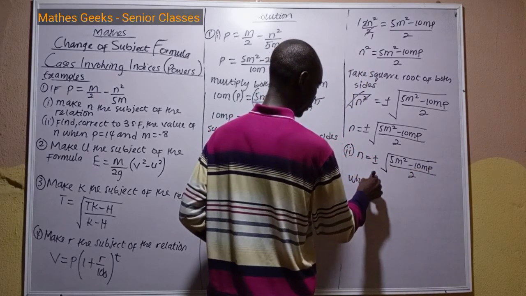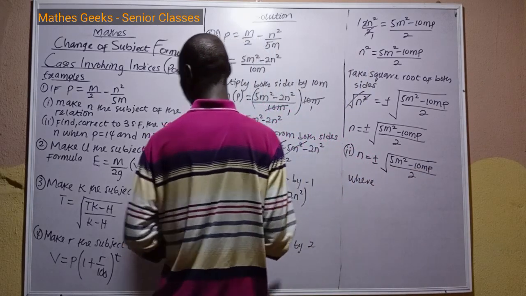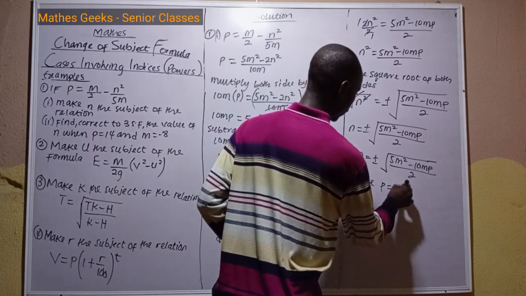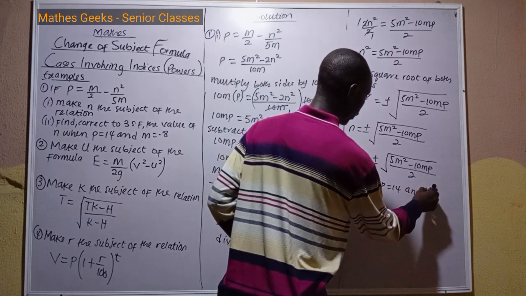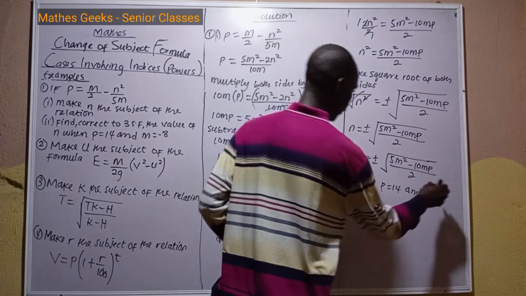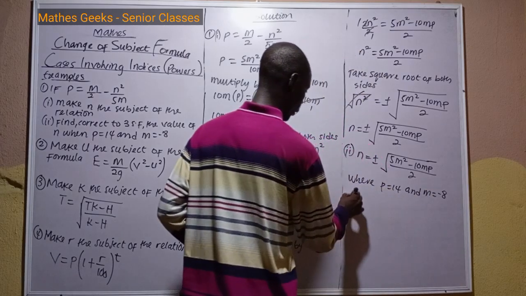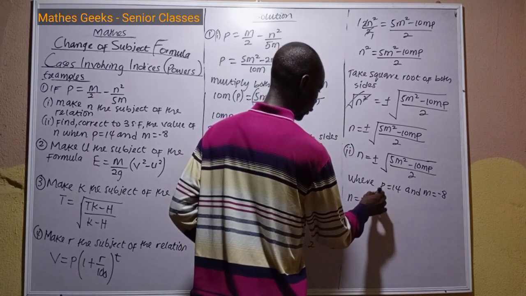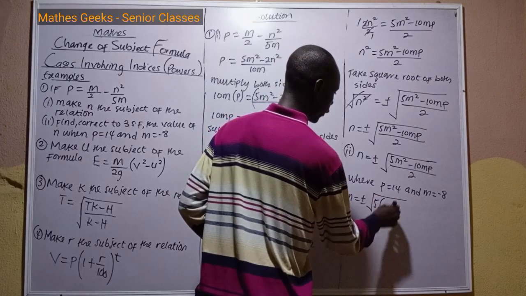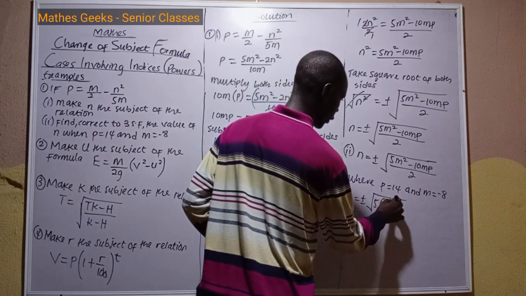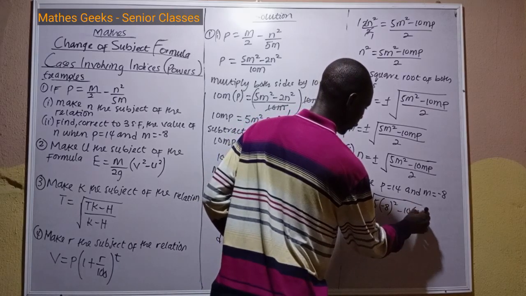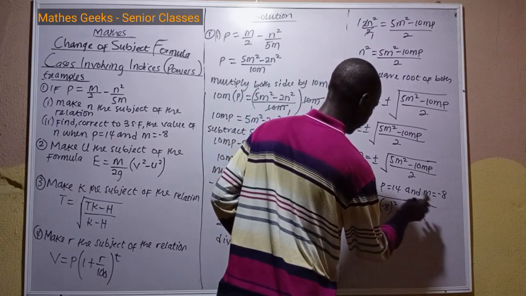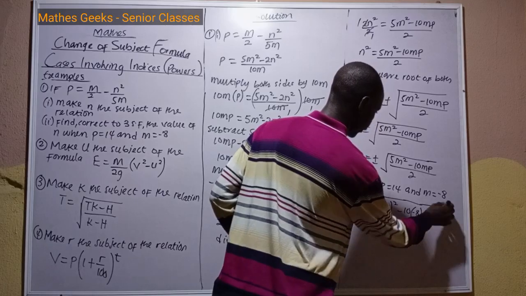Where p is 14 and n is equal to minus 8, n is equal to plus or minus the square root of 5 times minus 8 squared minus 10 times minus 8 times 14.